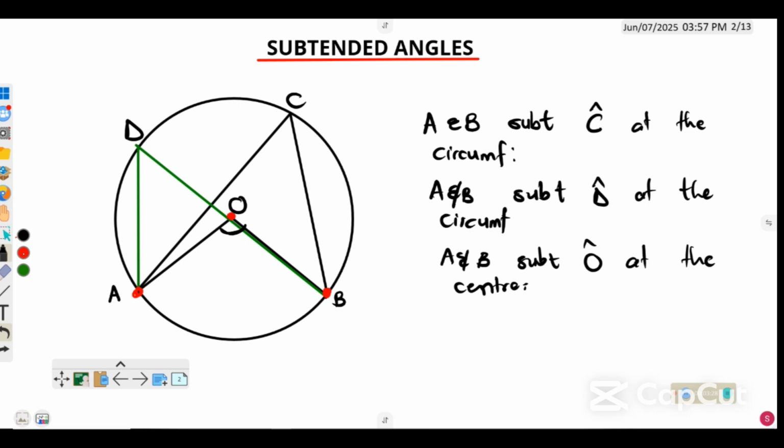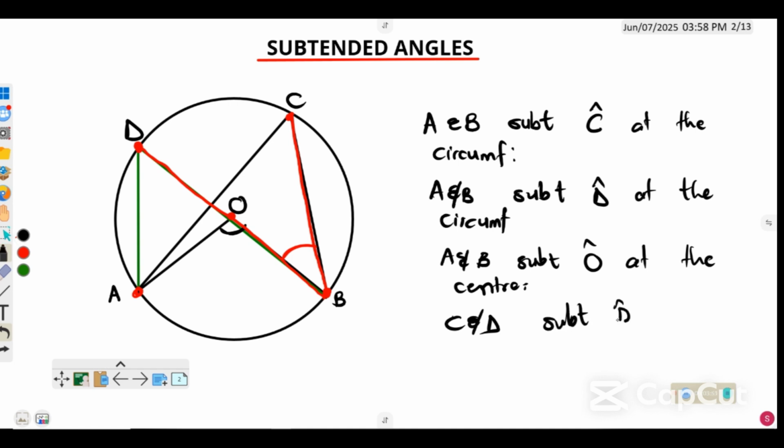If you look at this, let's think about it. Which angle is subtended by CD? C and D subtend which angle? Tracing again, there's point C, there's point D. When you go from C, you will meet at B. When you go from D, it goes exactly there. So they subtend the angle B, where? At the circumference.